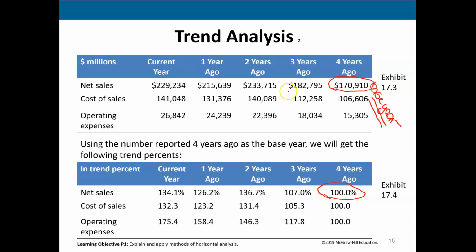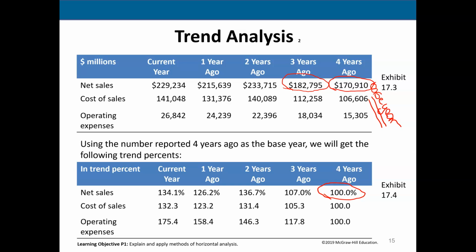Let's look at year 3, 3 years ago. Okay, so that is the year after the base year. The net sales was 182,795, so it increased. But how much?